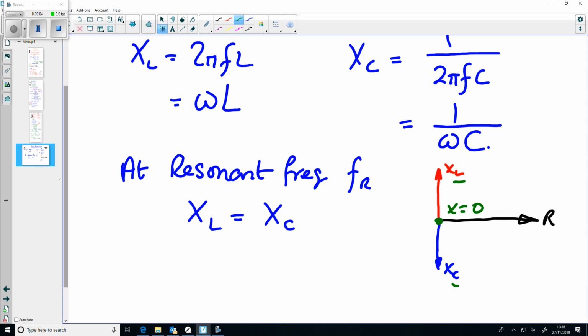And we can use this fact that XL is equal to XC at resonance to determine what the resonant frequency is.